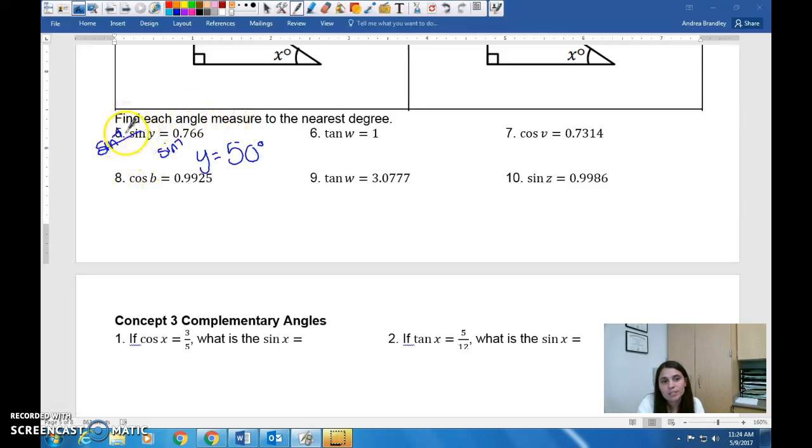So all you have to do is take the inverse sine or the inverse tangent or the inverse cosine of each sine, and you can solve for whatever this angle is. So I want you to go ahead and try that with me. So I will do it as you do it, and you can check your answers with mine.